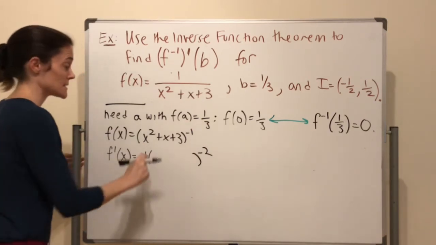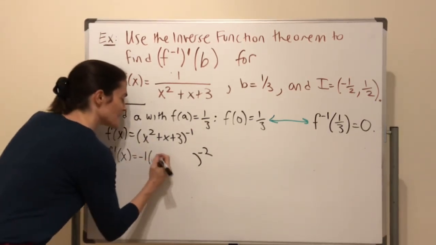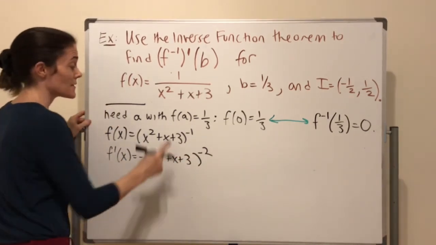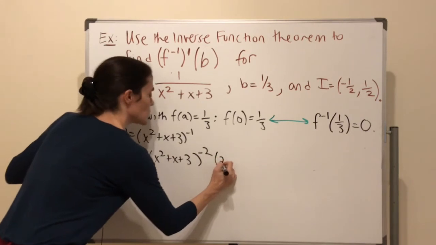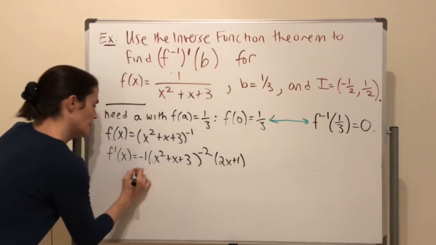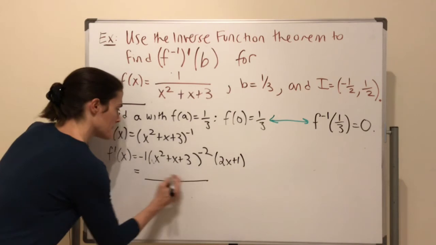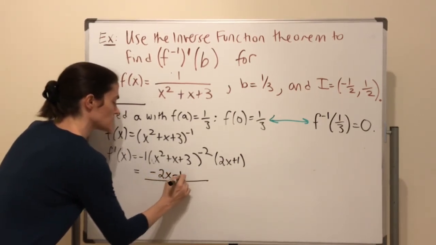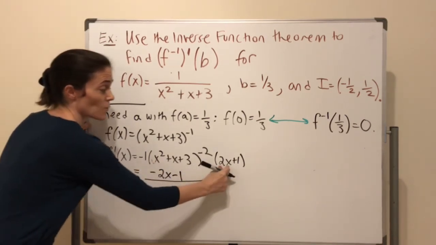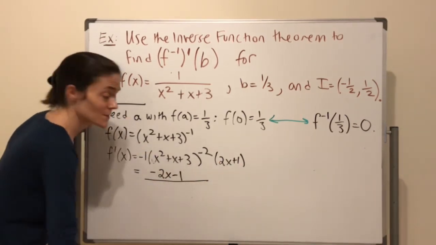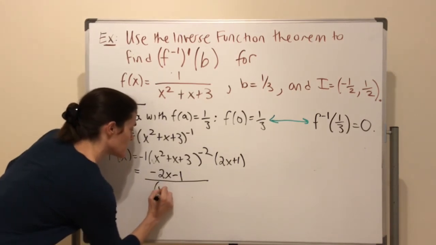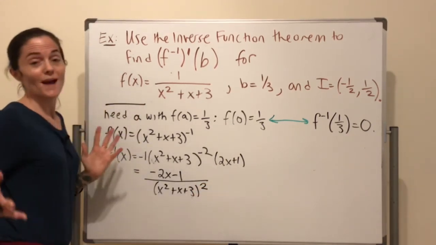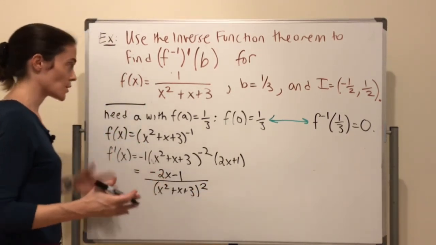Inside the parentheses, we put the entire inside function, and then we multiply by the derivative of the inside function, 2x plus 1. Now we get negative 2x minus 1. I'm just distributing this negative 1 across here. Then I move this into the denominator, so x squared plus x plus 3, squared. I would have arrived at the exact same thing using the quotient rule.